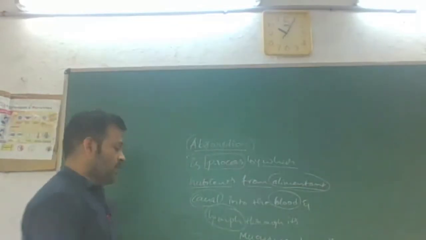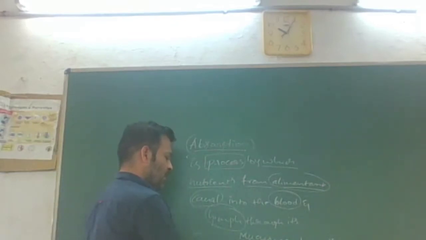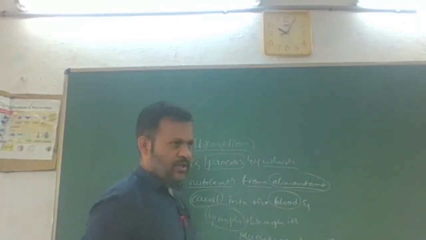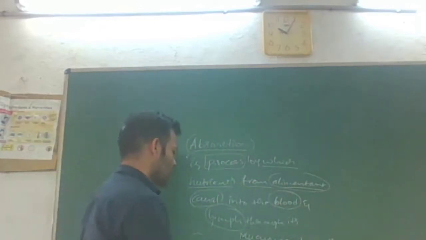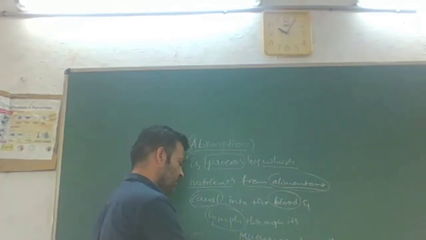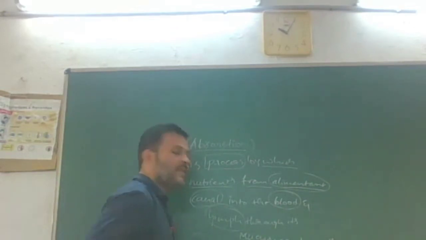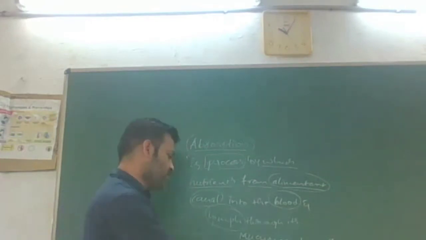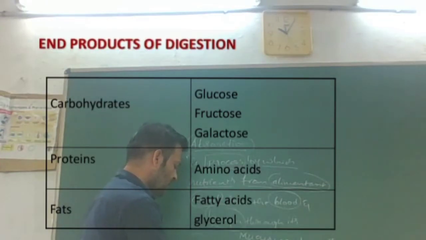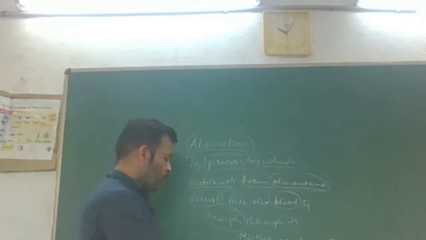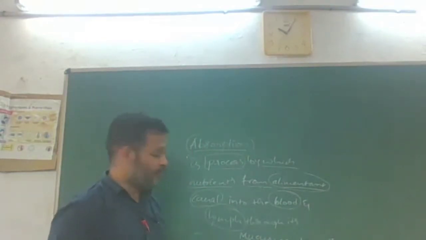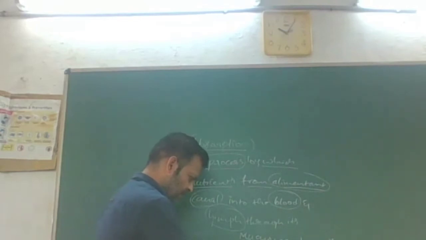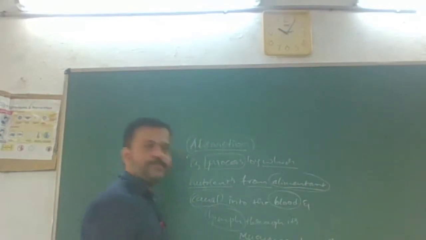Okay, you should remember these simple forms. Whatever carbohydrate you consume, it may be roti, chapati, idli, pongal, most of the food contains carbohydrate that is finally digested into the simple form, glucose. Then only it is absorbed by the blood vessels or lymph vessels. Protein is finally simplified into amino acid. Like that, lipid and fat are converted into fatty acid and glycerol.